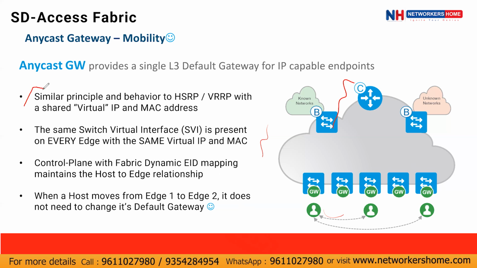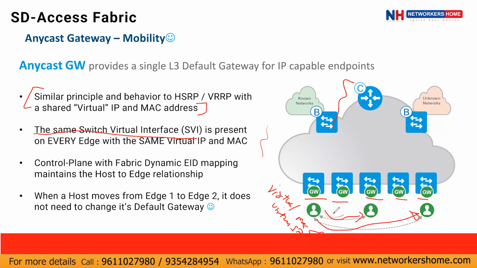So it has a similar principle and behavior to HSRP and VRRP, wherein they have a virtual MAC and virtual IP. The same switch virtual interface, which is the SVI, is present on every edge for mobility purposes, so that if users switch their location from one floor to another, or from one access point to another, they'll have the same experience because of this feature.